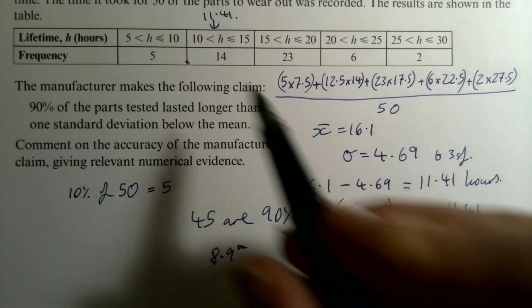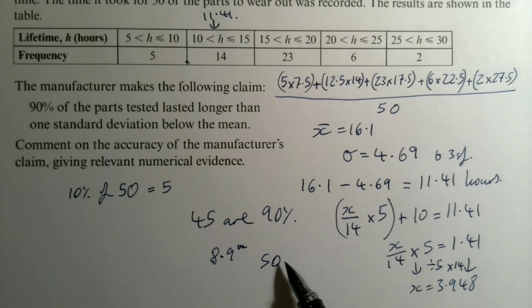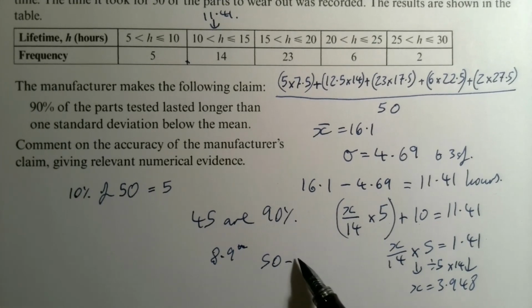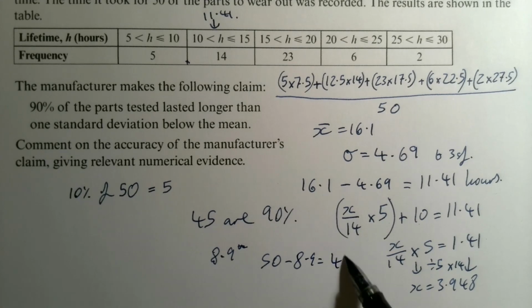Take that away from the 50 that you've got. 50 take 8.9 is going to be 41.05, isn't it? So actually you've only got 41 out of 50 doing that, not 90%.